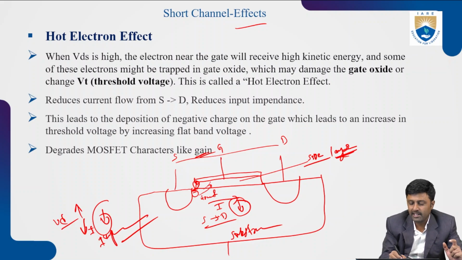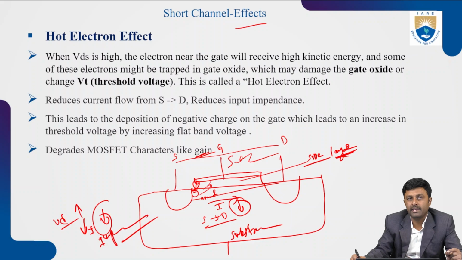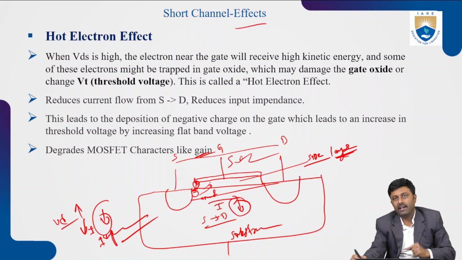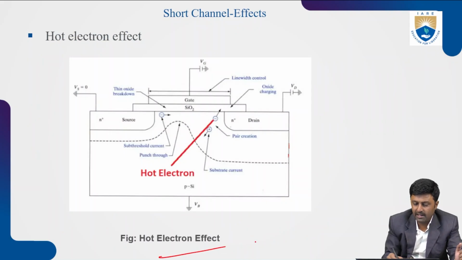With the reduction of the distance between the source and the drain terminal, the electrons get accumulated near the silicon dioxide layer, which will have an impact on some of the MOS characteristics like gain and other factors. This concept we call the hot electron effect. You can see the same thing here. The hot electrons, as you can see here, this is the source terminal, this is gate, this is drain.